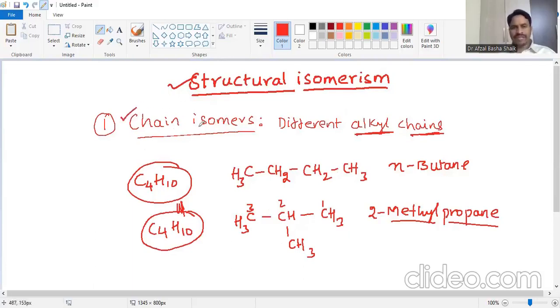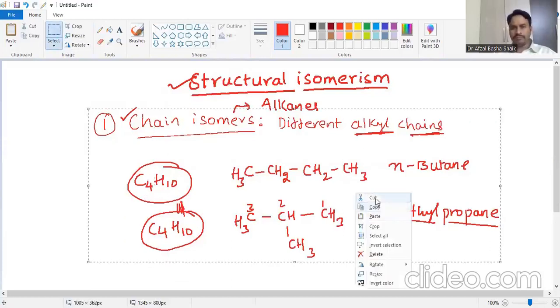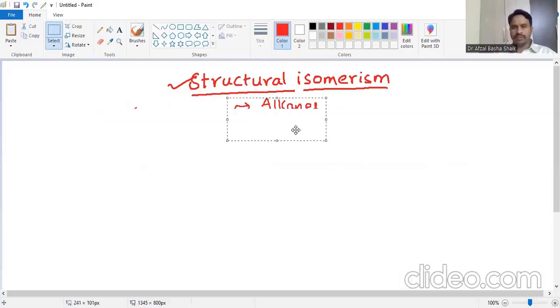Chain isomerism is generally exhibited by the alkanes, as well as substituted alkynes which contain a longest chain. They will also exhibit chain isomerism. And the next type of isomerism, we'll go on with the next type of isomerism.